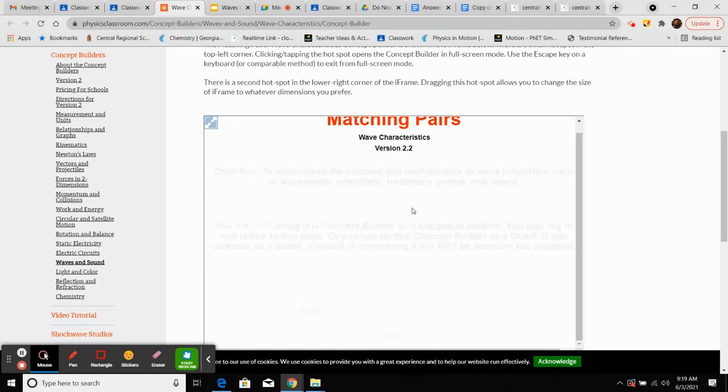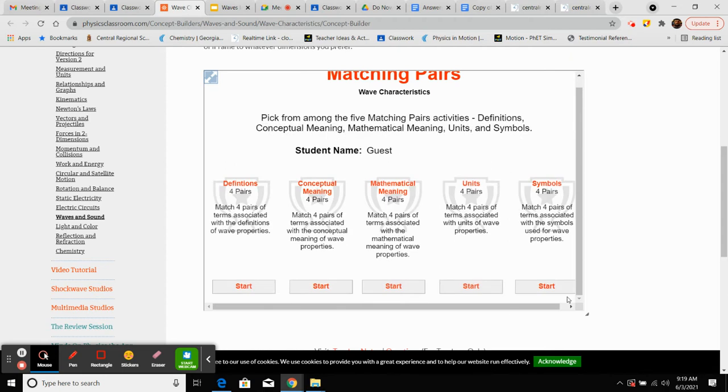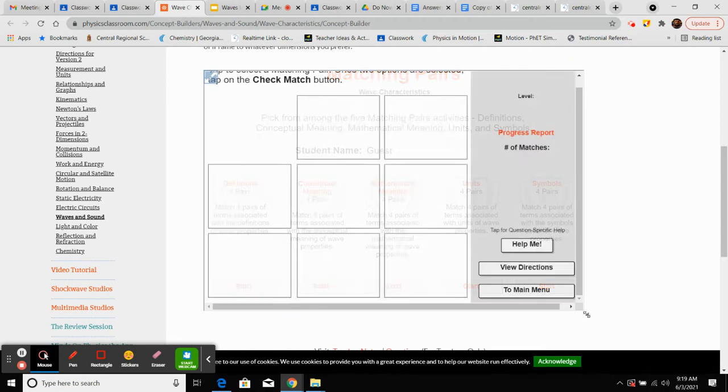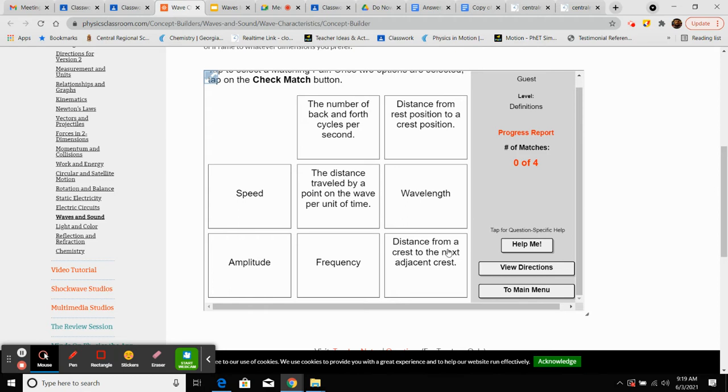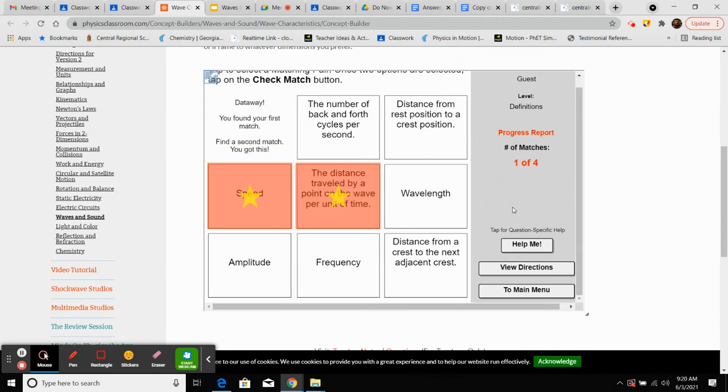Come on, come on. All right, definitions. Let's roll through. Speed would be what? Let's check it.